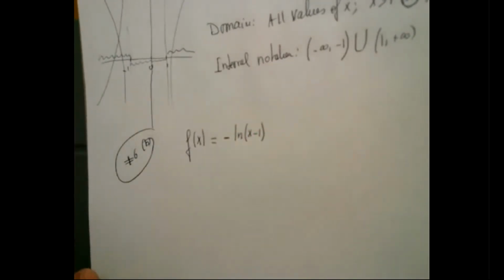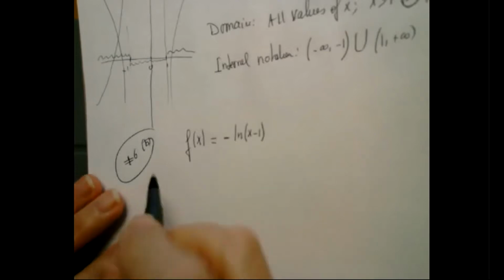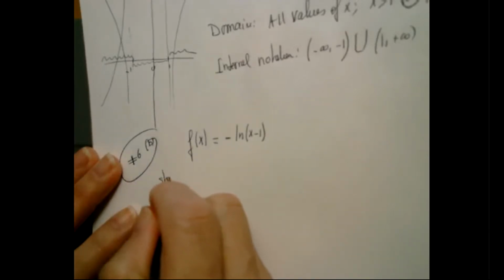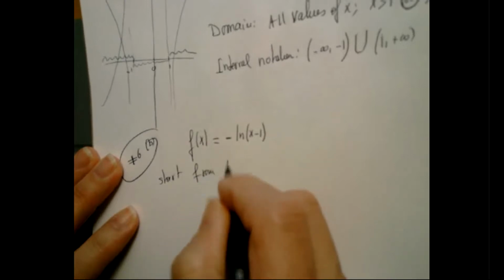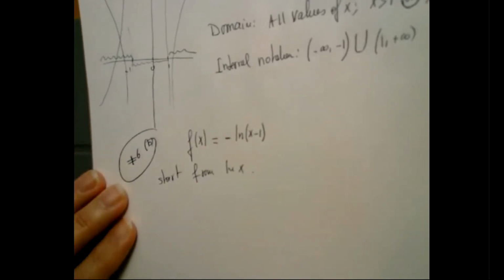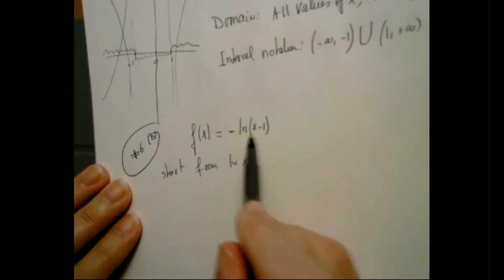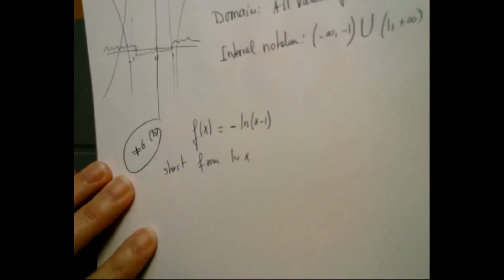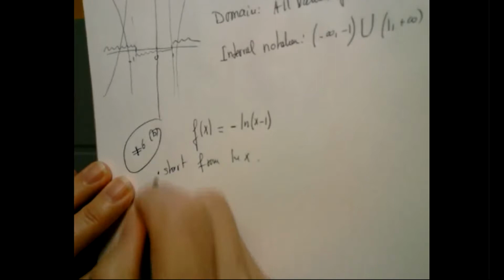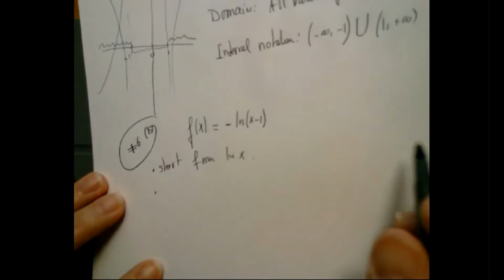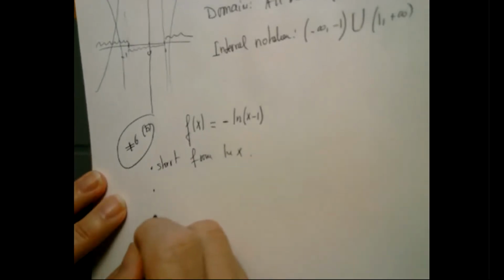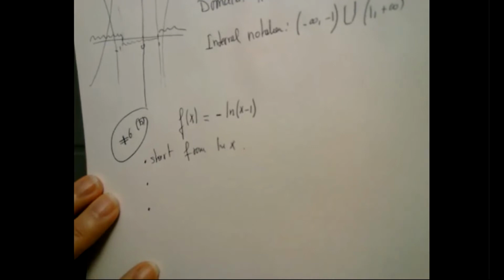If we start from ln of x, that's my starting function, how can I get ln of x minus 1? What shall I do first? What shall I do second? And then we sketch the graph.